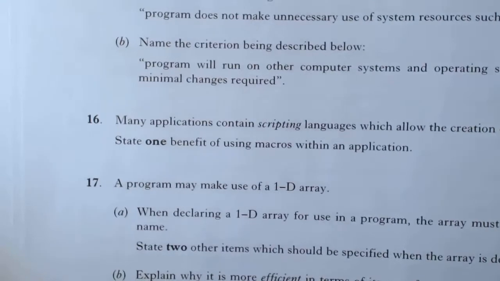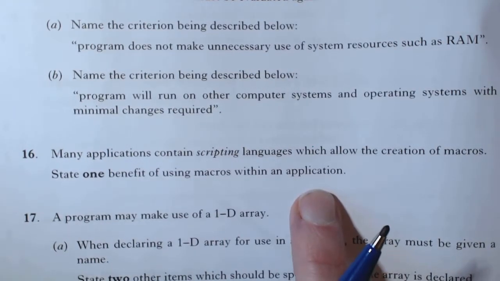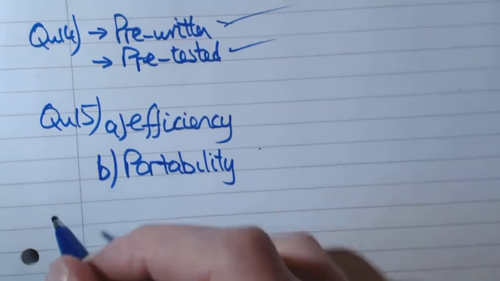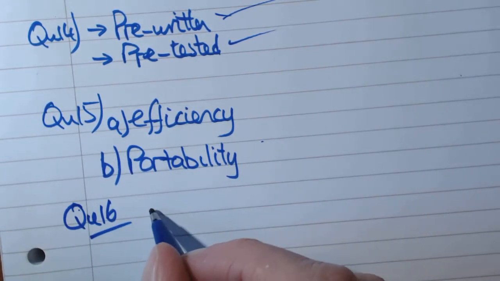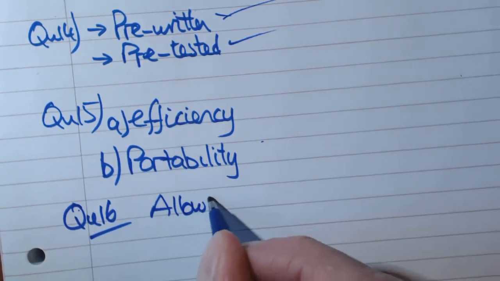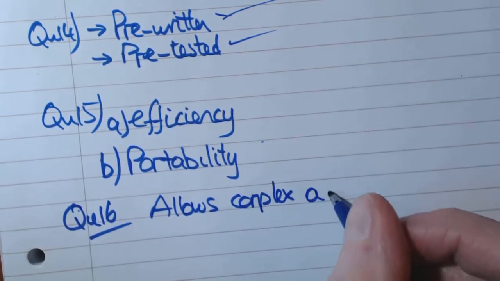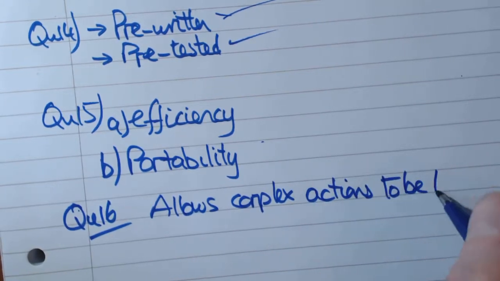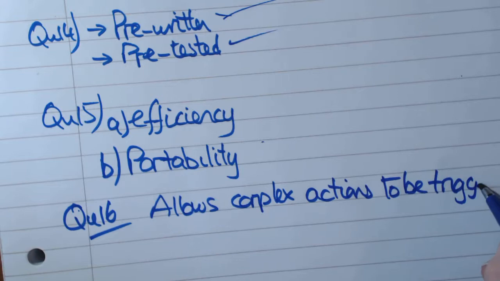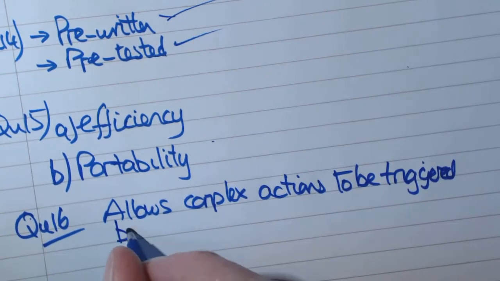We then have, what's one benefit of using macros? So it's another wee macro thing. There's quite a lot of them actually, but one of the main ones is that this allows complex actions to be triggered just by one button.